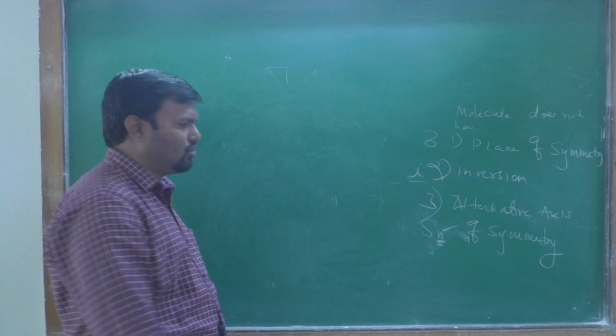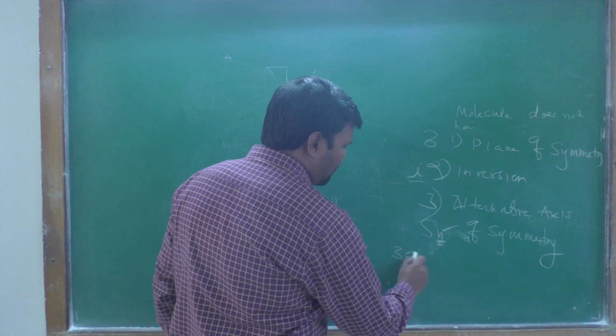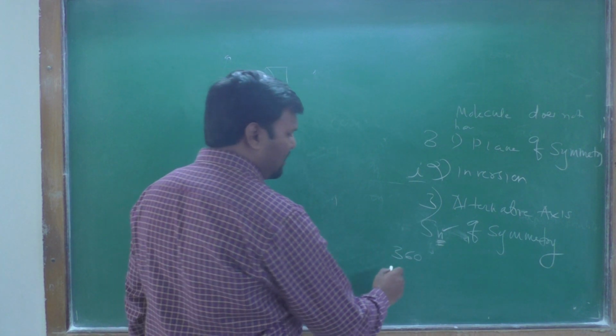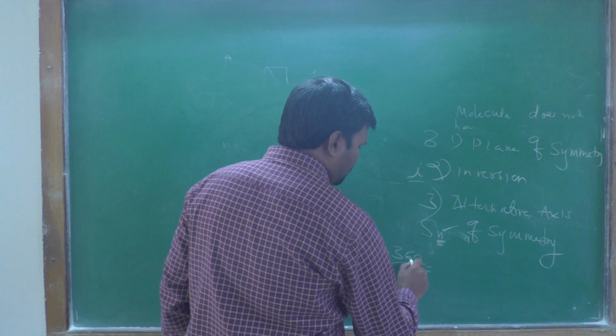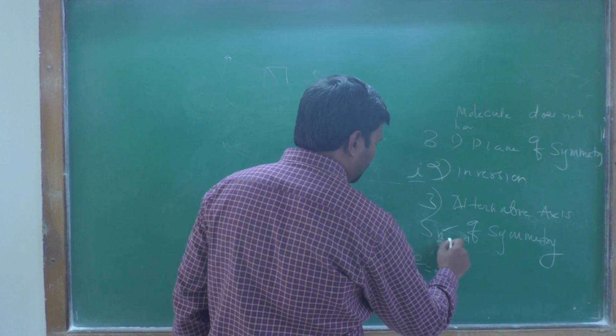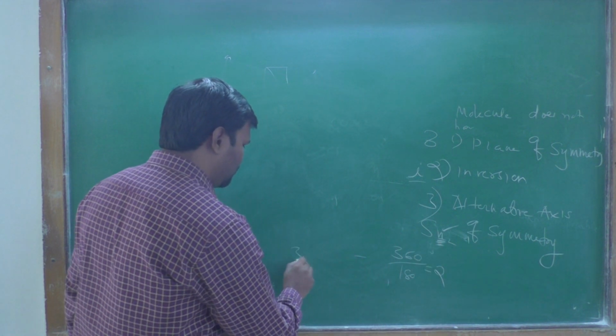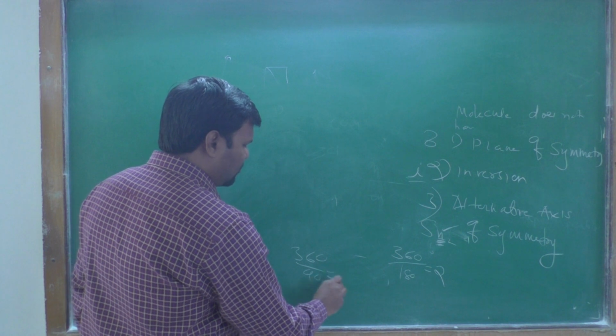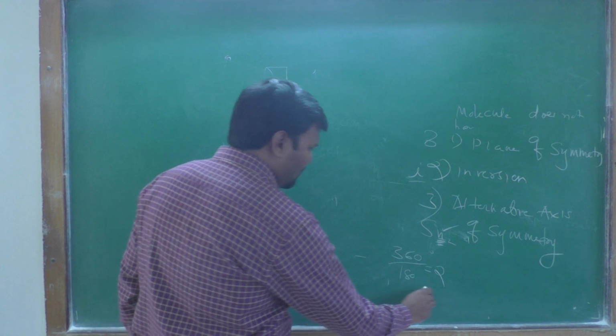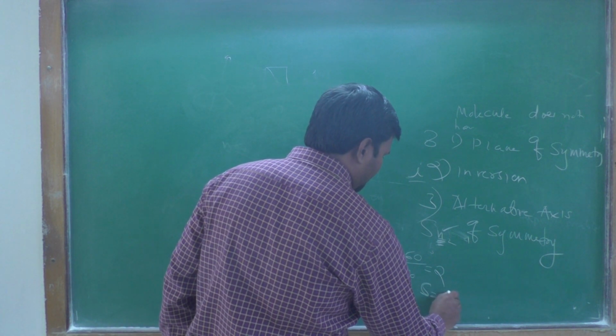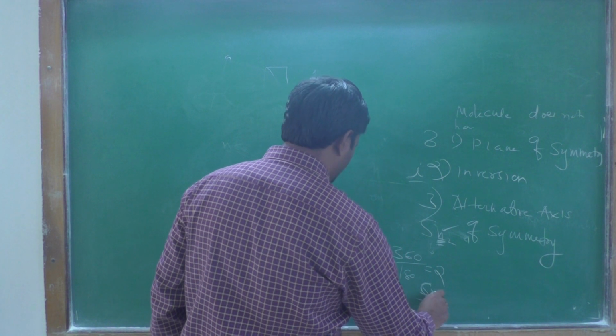If you rotate by 180 degrees, then 360 upon 180 is 2, therefore n is equal to 2. If you rotate the molecule by 90 degrees, then 360 upon 90 is 4, so it is a C4 axis.